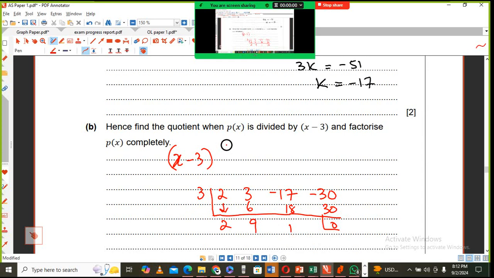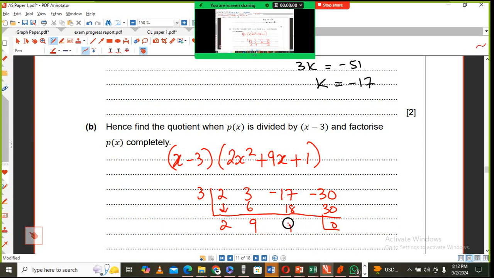So this is going to be 2x squared plus 9x plus 10. Where do I get 1 here? This one is minus 27, isn't it?